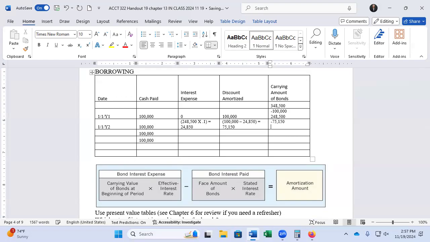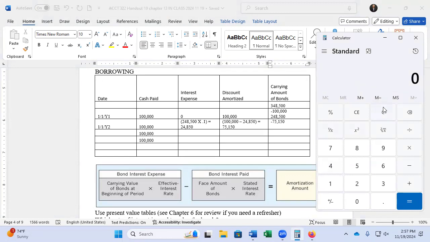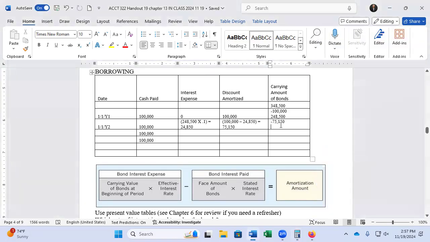Oh, no, that's not right. $248,500 minus 75,150. So I got 173,350. Okay. Year 3.